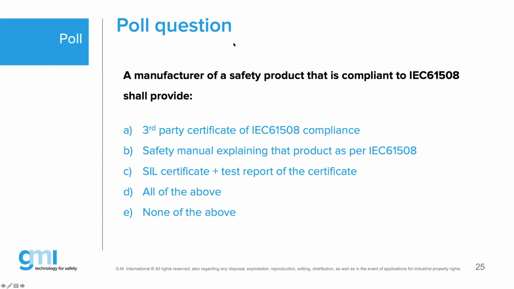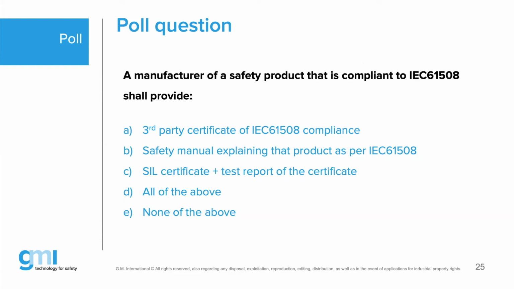Correct. Let me start with the first one, a third-party certificate of IEC 61508 compliance, which got only 4%. You may have thought that a third-party certificate of compliance is a good thing to have. I'm not saying it's not good to have, but it's not a requirement from the IEC 61508. It's purely the manufacturers who use this.